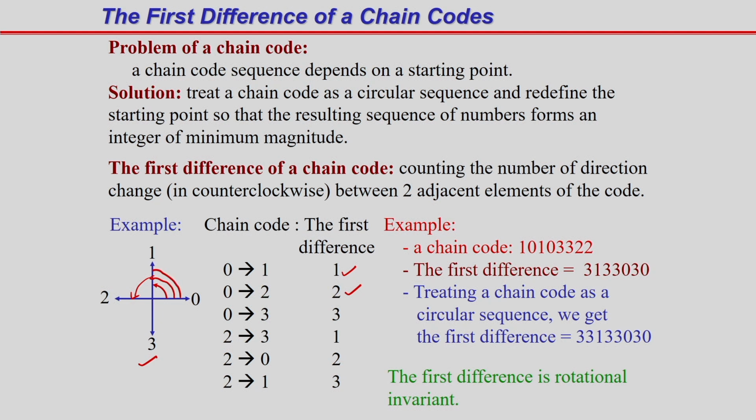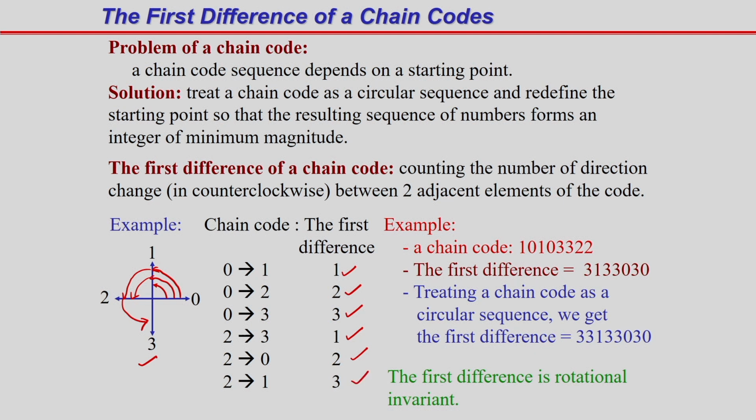So first 0 to 1, then 1 to 2, and then 2 to 3. So if I consider the direction change from 0 to 3, then the first difference will be 3. Similarly from 2 to 3 the first difference will be 1. From 2 to 0 it will be 2.